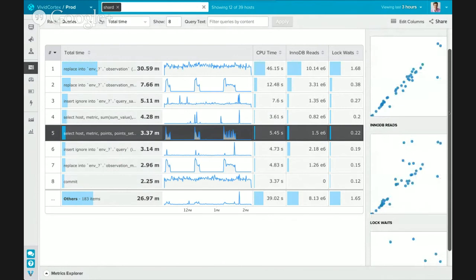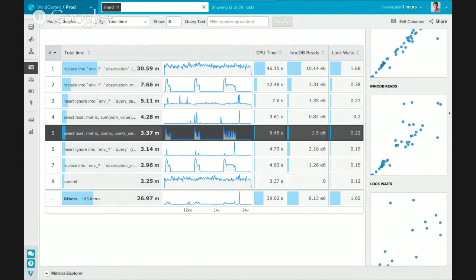We have one for InnoDB reads, which still has a fairly linear trend. It's got some outlying points, but I would still trust that a reasonable amount. And then we have lock weights, which is basically a hairball, and doesn't look like it has a very strong linear trend at all. So basically the answer here is trust the CPU time and the InnoDB reads, but don't trust the lock weights.